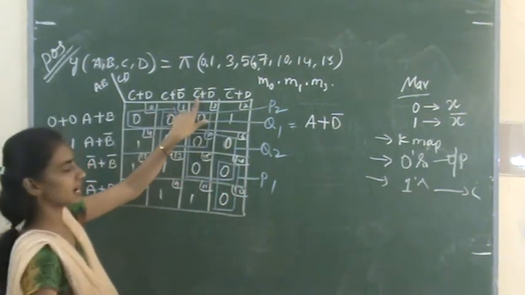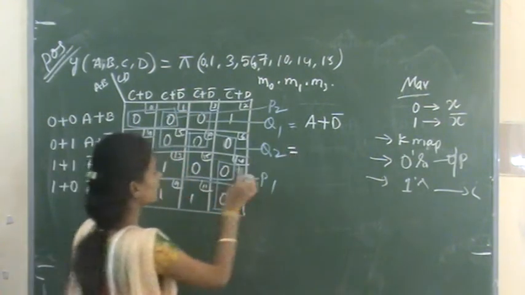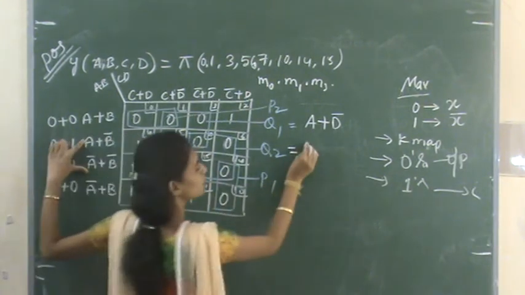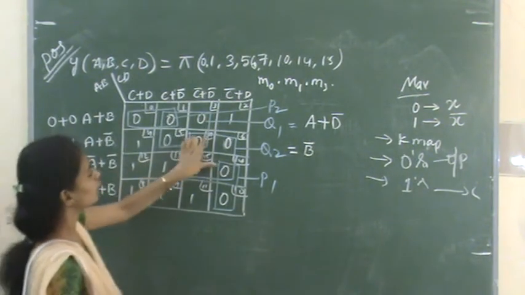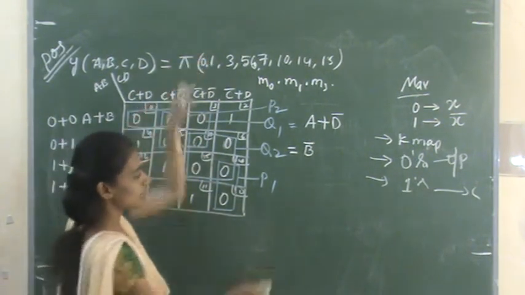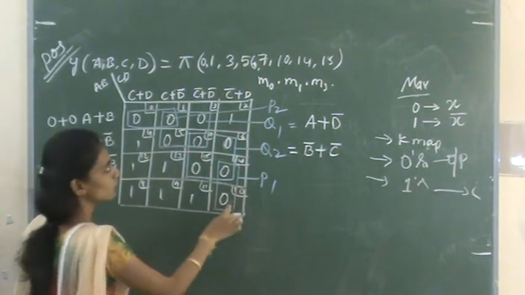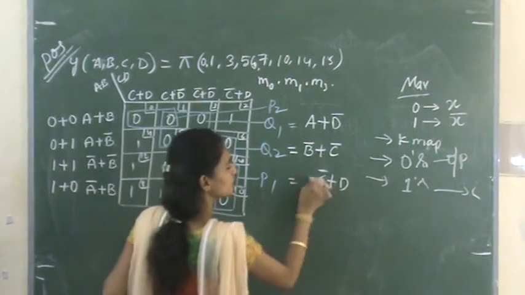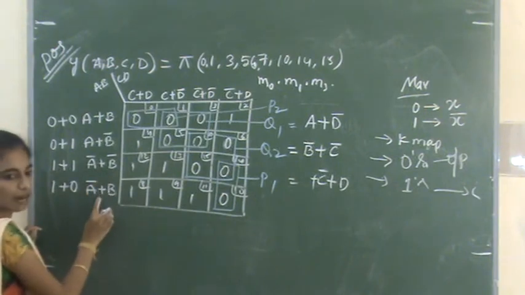We know that C and C bar becomes 1. For the second quad, here C, B and B bar, B bar is the common factor. So just write B bar, and here C bar is the common factor. For this pair we know that C bar plus D is common. So for these 2 zeros, we have to take these.